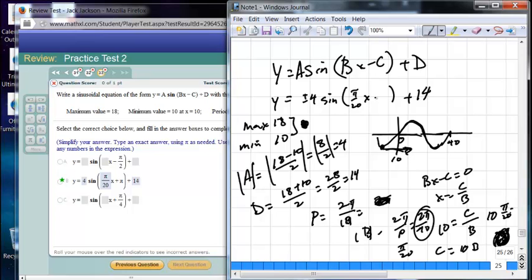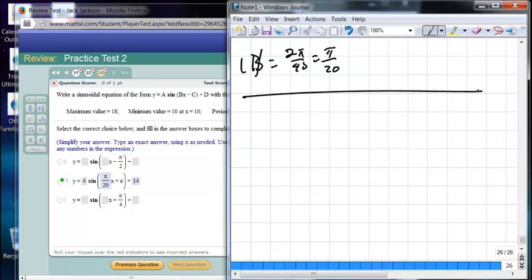So this could be plus pi over 2. They're saying by pi. So let's see here. Sometimes there's more than one way to do the shift.